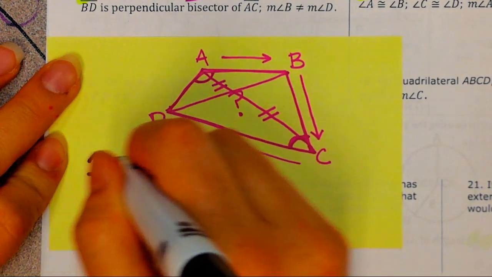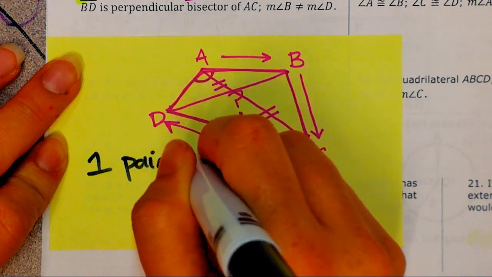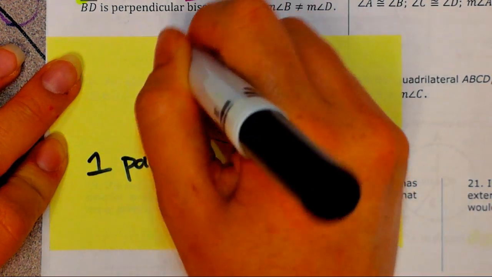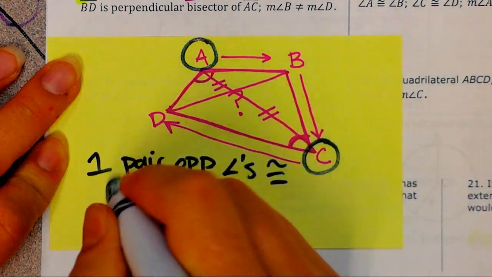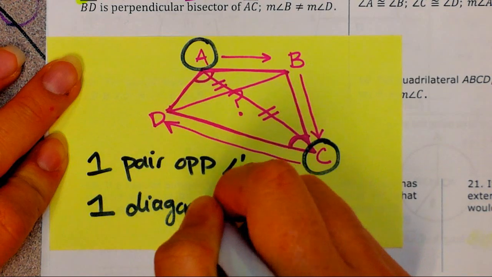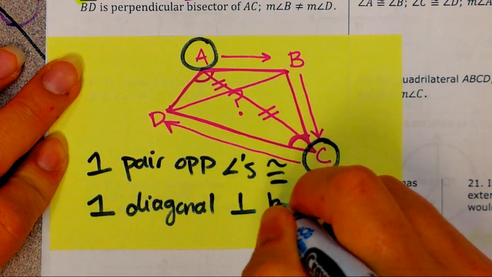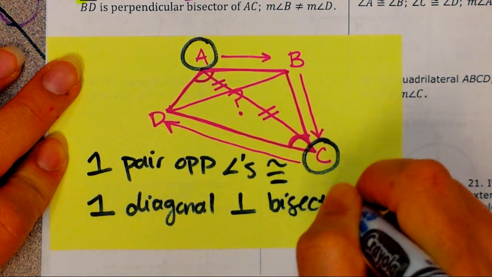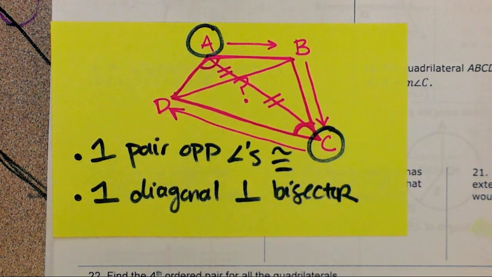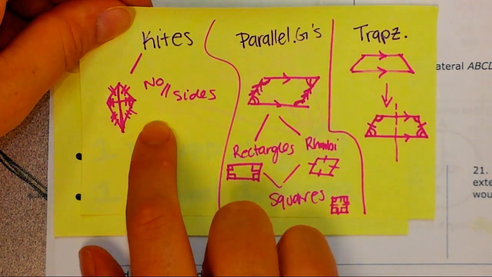So it has one pair of opposite angles that are congruent, A and C, and it has one diagonal that's a perpendicular bisector. These two properties, the only quadrilateral that has these two properties is a kite.